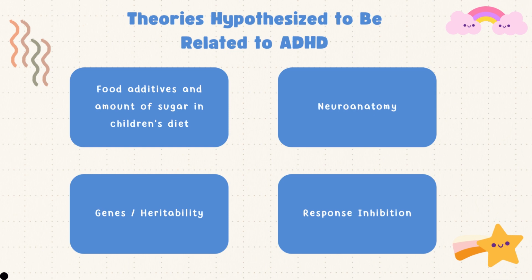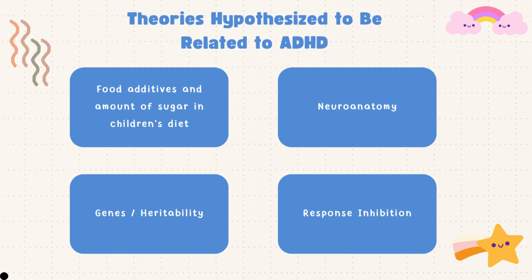Next one is the neuroanatomy theories, where in studies of neural imaging, there is a significant decrease in brain activity in the frontal parietal lobes, which inhibit impulsiveness and control attention, that has been demonstrated in adults with ADHD. However, the primary cause of this decreased activity is still unknown.